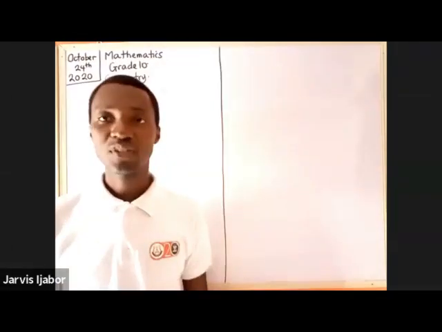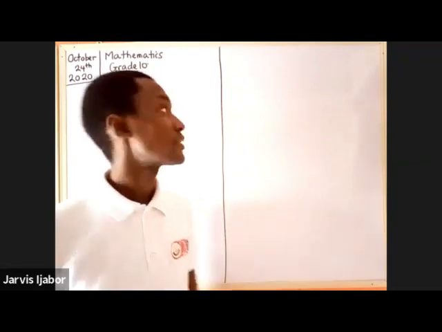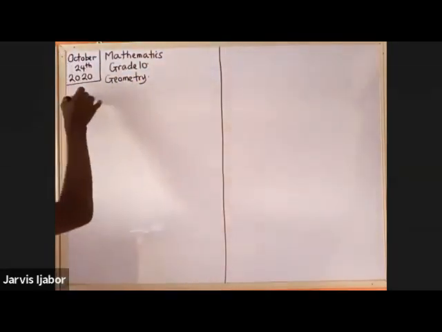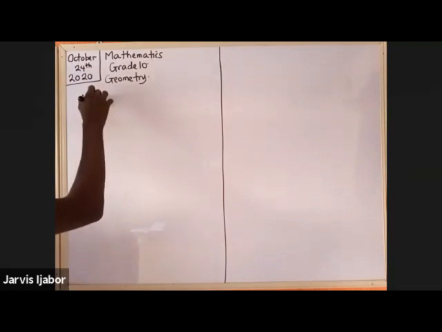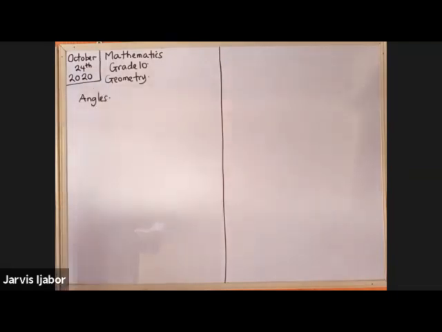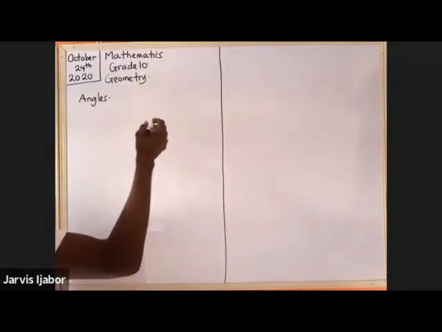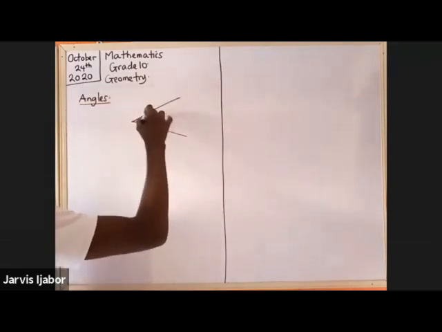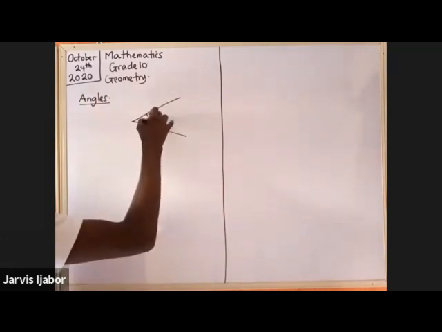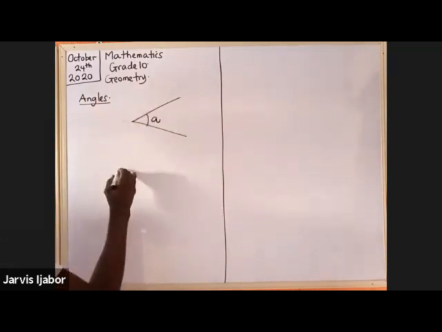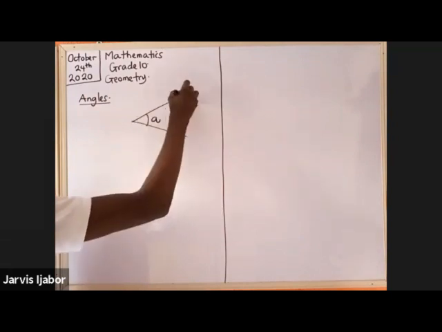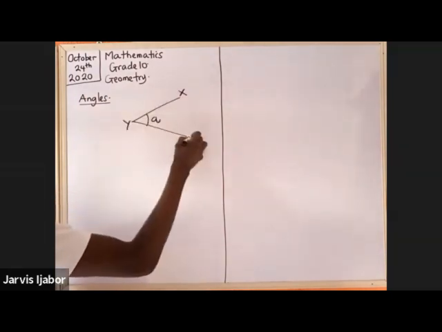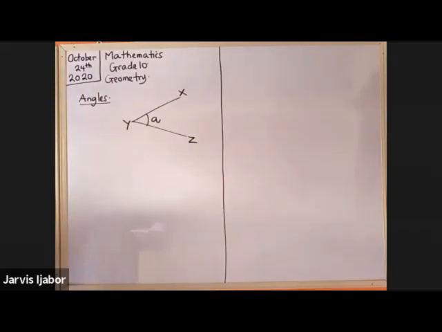So we're treating angles now. We're treating what? Angles. Now, for the purpose of understanding, just pick any. So this is an angle A represented by, let's say, X, Y, Z. I just take this as an example. X, Y, Z is an angle.